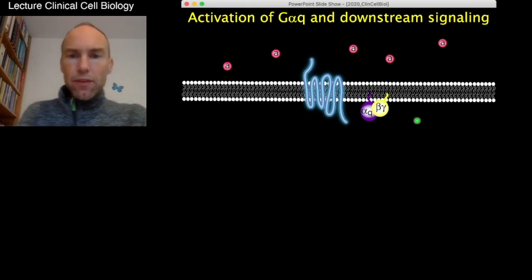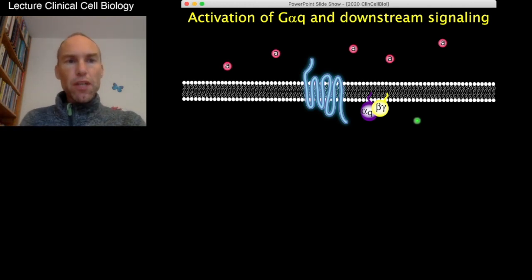Now, to go back to what happens when a G protein coupled receptor is activated, I have this cartoon model of activation. So again, we have here the G protein coupled receptor that spans the plasma membrane 7 times. We have agonists floating in the extracellular space. And here we have the heterotrimeric G protein.